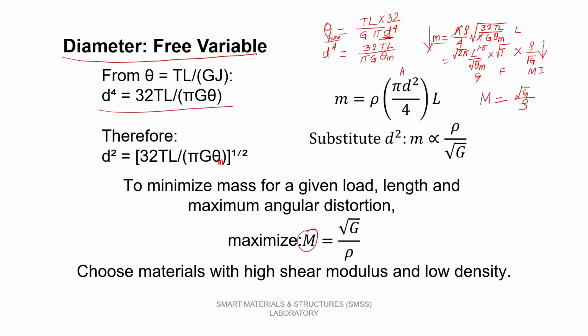So, if I maximize this, then this part will be minimized and automatically our mass minimization will take place. So, I have to now choose what combination of shear stiffness and density is going to give us the maximum value of M, and that is the material that we are going to choose in the case where stiffness becomes the dominating factor.